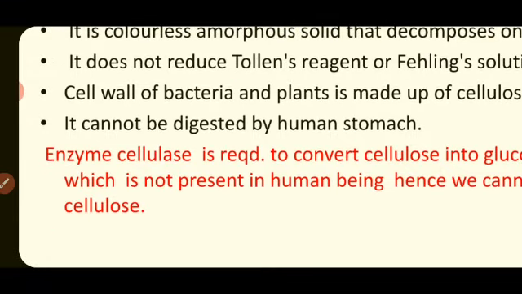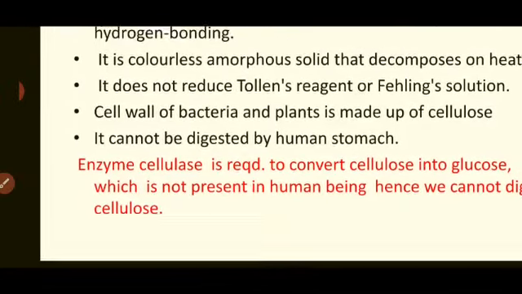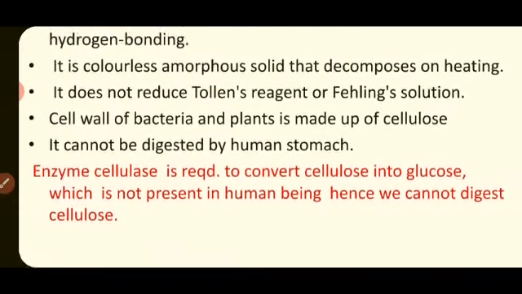Because for hydrolysis or digestion of cellulose, the enzyme required is cellulase, which is not present in human beings, but it is present in animals like cow, sheep or buffalo, etc. So, we cannot digest cellulose. The enzyme cellulase is required to convert cellulose into glucose, which is not present in human beings. Hence, we cannot digest cellulose.